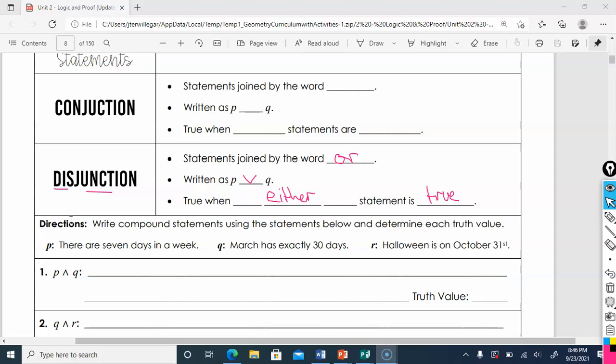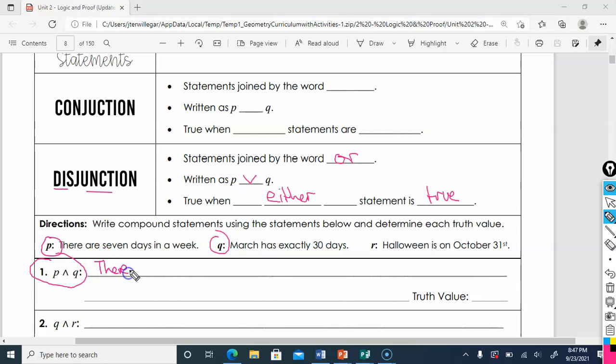Let's do one of these beasts, and I'll send you on your way. We are going to take this P and Q. That symbol means and. We're going to take our P and our Q and combine them, then determine whether or not it's true.